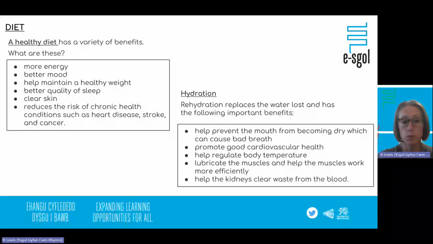We're in a better mood emotionally. We can maintain a healthy weight, and our sleep quality is of a better quality. We have clear skin, and also long term we have less likelihood of suffering from a health condition such as heart disease, stroke and cancer.